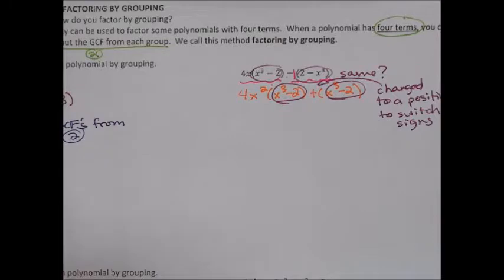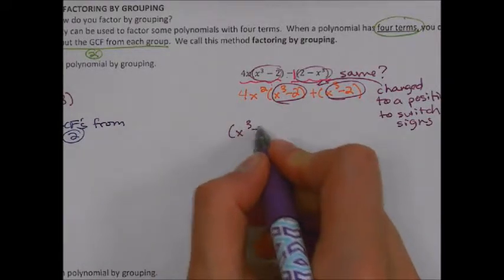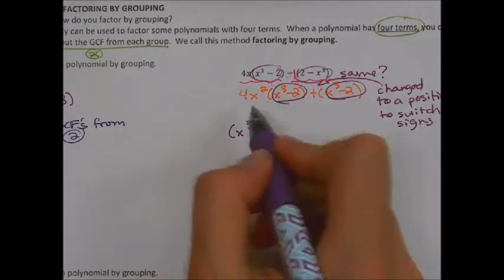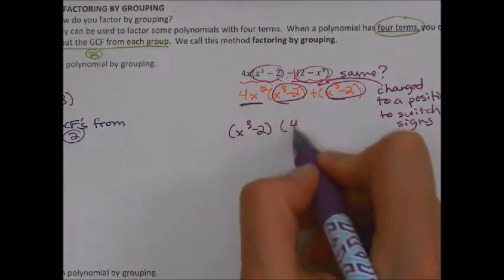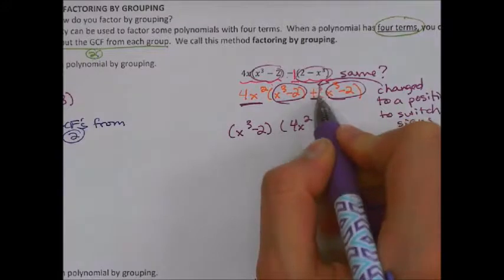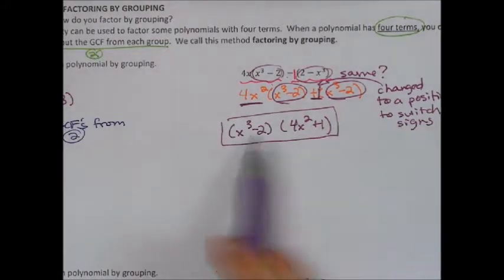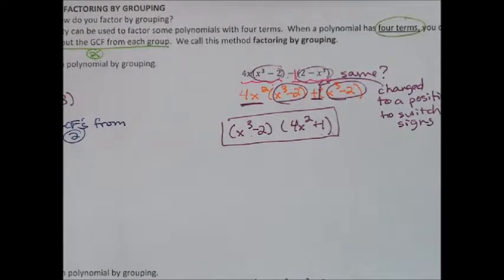So we put the common one. And then what pieces do I have left? I have 4x squared plus 1. And check, can I factor either of those pieces again? No, I cannot. Let's look at our next piece.